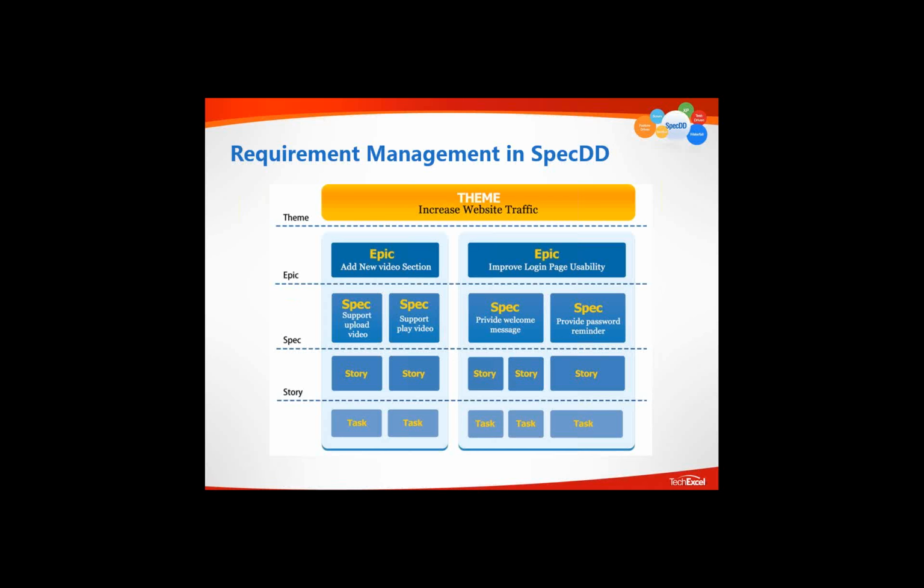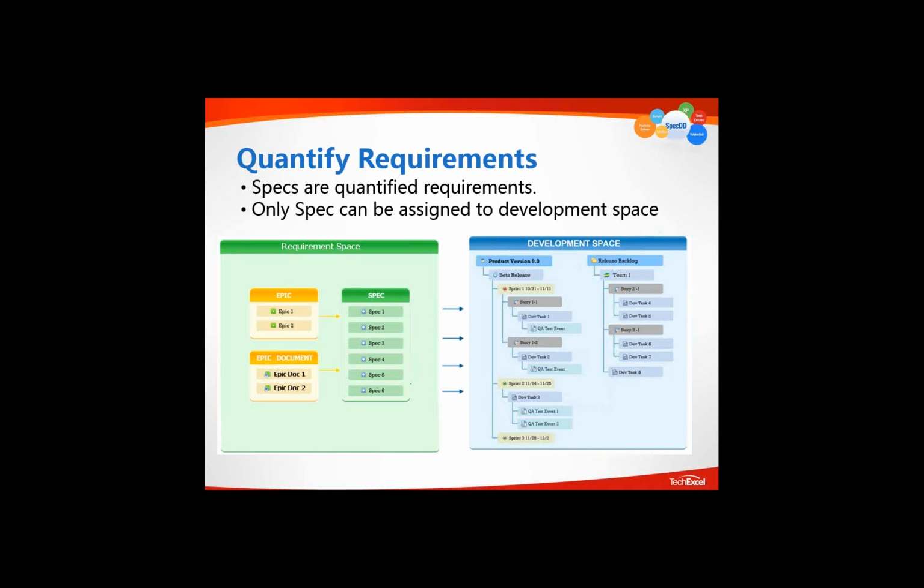It's an abstract of what you need to do. And the detail of a requirement often needs to be represented with documents, and that often will be added at a later time. So once you have the requirement space, you have the quantified spec.